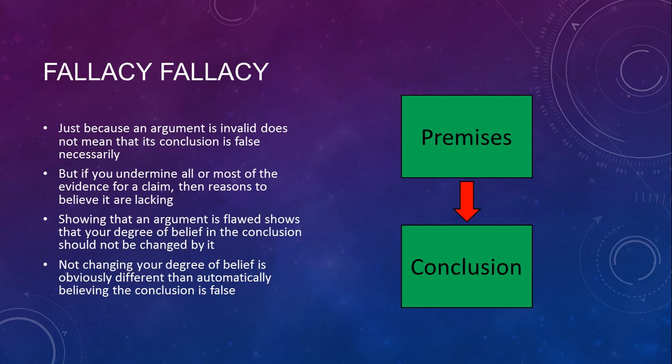If you think the conclusion is super plausible, and somebody gives you a garbage argument for it, it shouldn't make your confidence go down. Your confidence should stay exactly where it was before you heard the bad argument. That's the reasonable response to an invalid argument: it adds nothing to your stock of beliefs. It shouldn't change what you believed before you heard the argument.